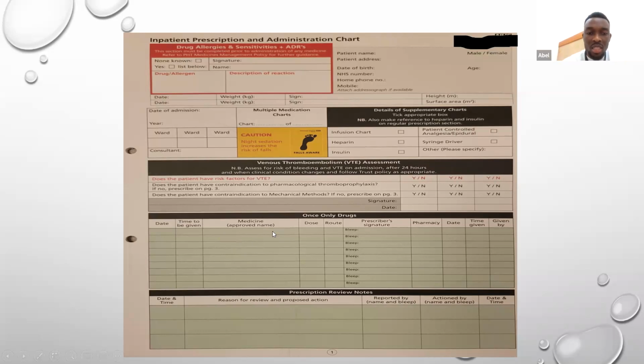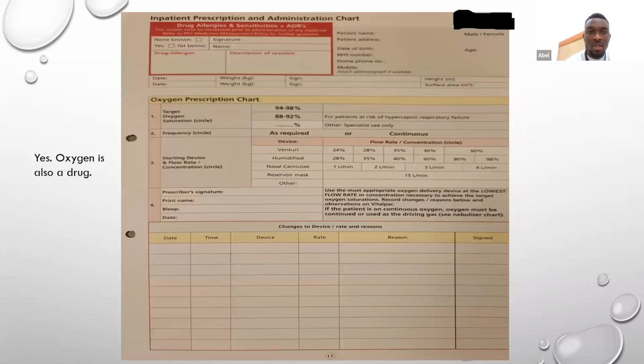So one-off medication like analgesia or anti-sickness medications, and these can be just in this column, so once only drugs, right? You also need to put your name, time, sign, put your bleep down, and all of the details that are necessary for that.